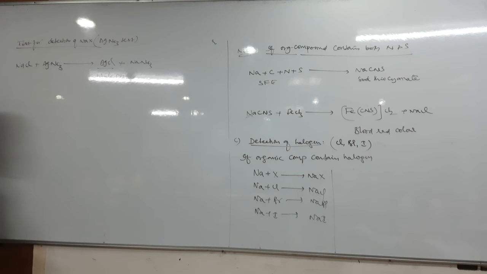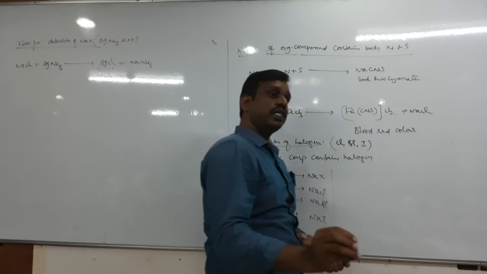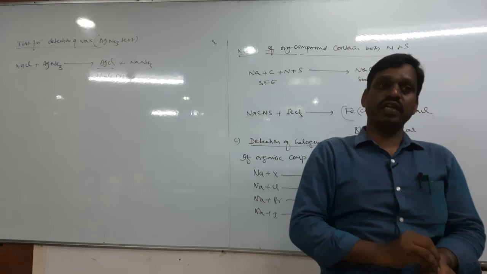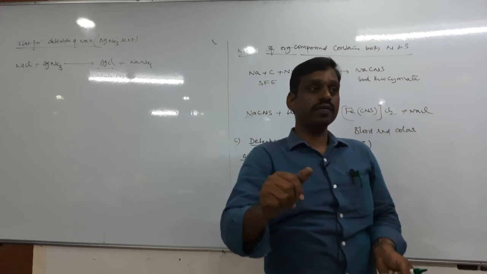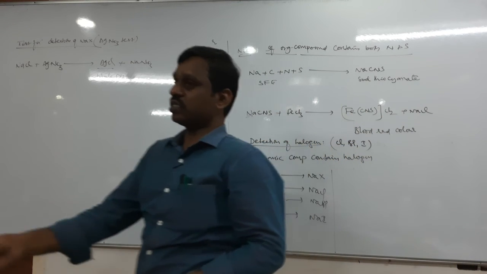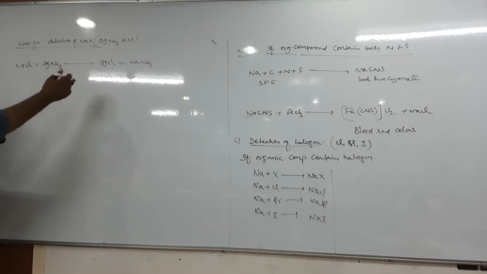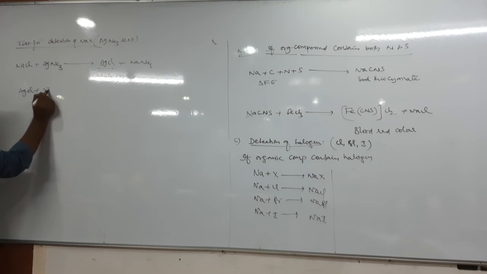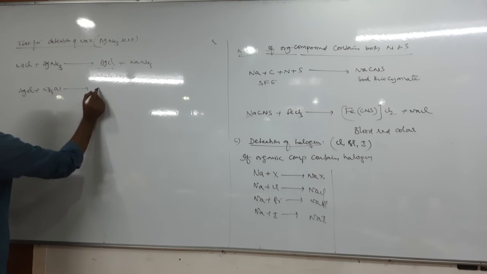Remember, among AgCl, AgBr, AgI, silver chloride is completely soluble in excess of ammonium hydroxide, whereas silver bromide is partially soluble and silver iodide is insoluble. So this is the solubility of silver halides in excess of ammonium hydroxide. Now tell me, AgCl is soluble in excess of ammonium hydroxide, then what is the product?